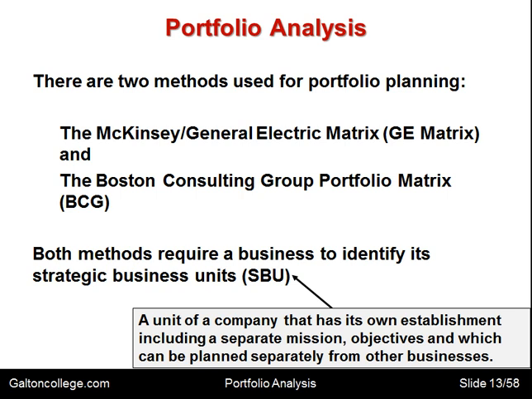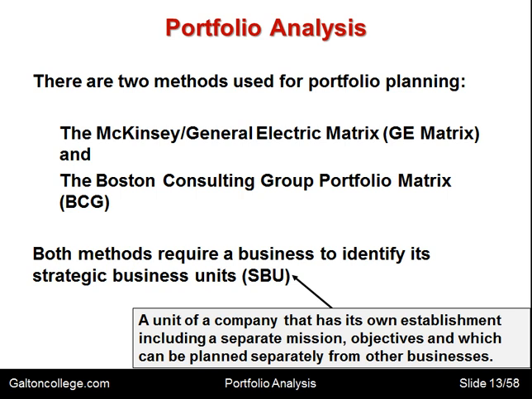It may be a department, a functional department, or a product that can be classified and seen in the market, and that becomes the strategic business unit. So we talk about strategic business units as the items that we are particularly focusing in on.